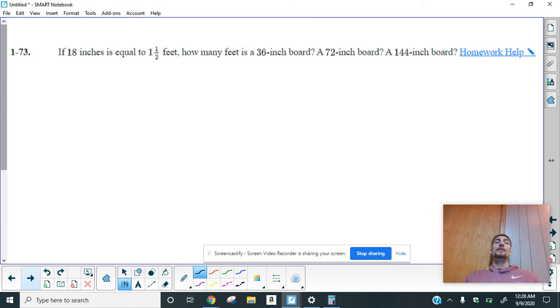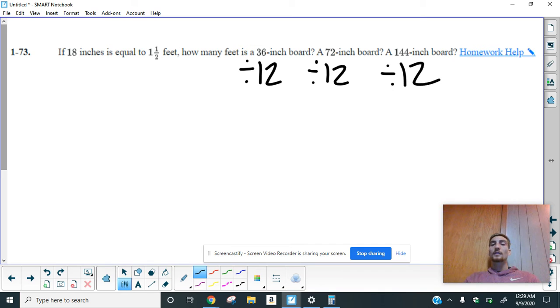1-73. If 18 inches is equal to 1.5 feet, how many feet is a 36-inch board, or a 72-inch board, or a 144-inch board? All right, so what we could do here is we could simply just divide these numbers by 12, and that would tell us how many feet that would be.